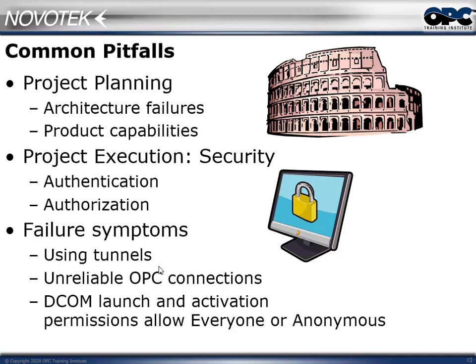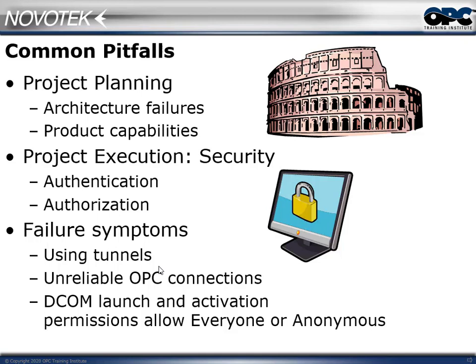It's talking about unreliable OPC connections. Again, as I said earlier, when, for example, your connections stop and start, they work well for a day or a week or a month, and for some reason they stop, and you have to restart your applications. That's typically caused by security. Not all the time, but very often.